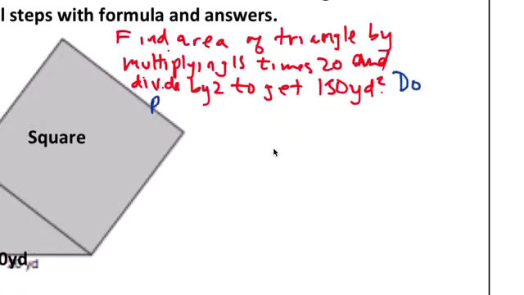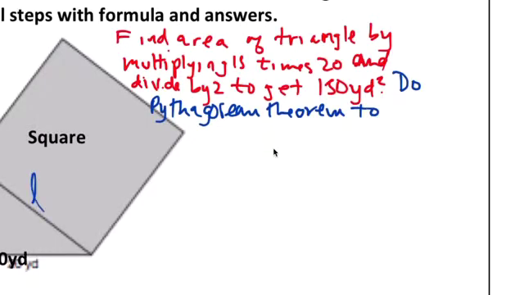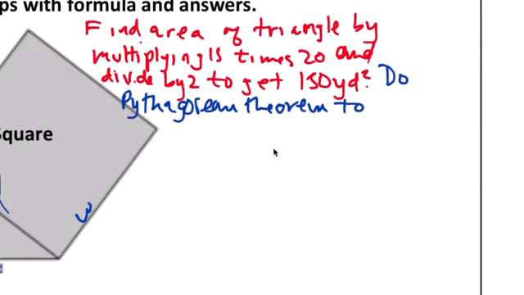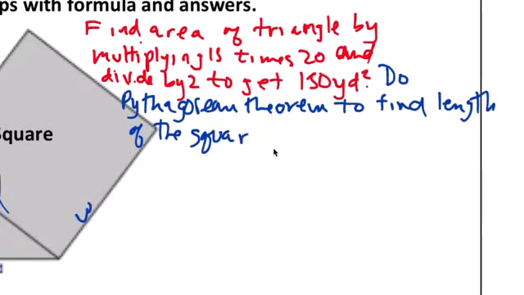Do Pythagorean theorem to find the missing length, the length of the square, which is 25.